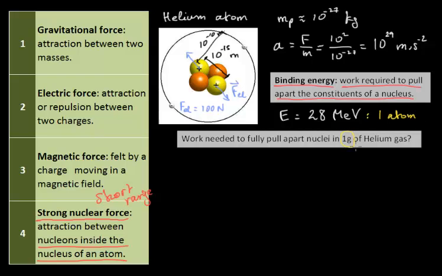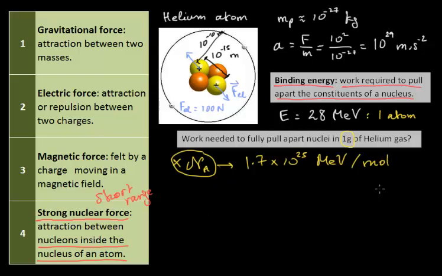Okay, so how do I go from 1 atom to 1 gram? Well, first I need to know how much binding energy there is in 1 mole, and for that I multiply by Avogadro's constant, which is 6.02 times 10 to the 23, and I obtain the following figure, about 1.7 times 10 to the 25 MeV, and this time per mole, not per atom.